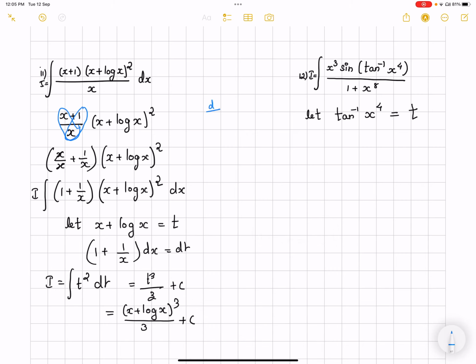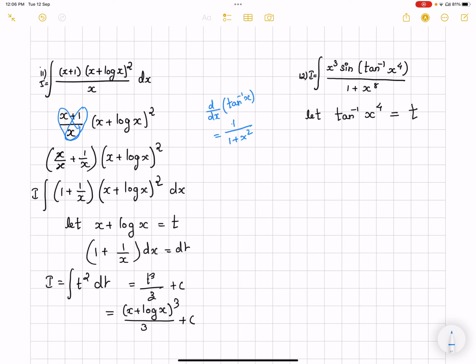When you differentiate d by dx of tan inverse x, it's going to be equal to 1 divided by 1 plus x squared. So that differentiation works here as well. But instead of x, I'm not having just x, I have x to the power 4. So it's going to be (x to the power 4) whole square.